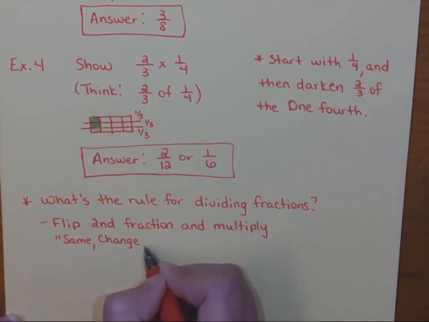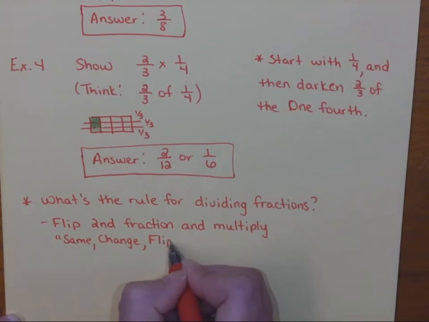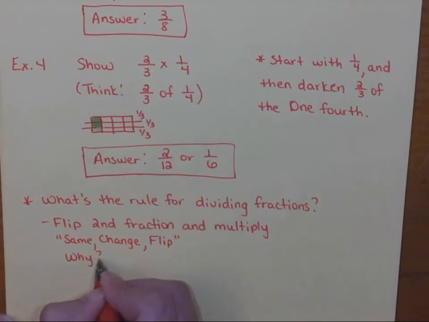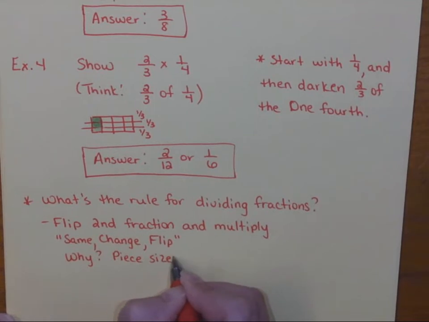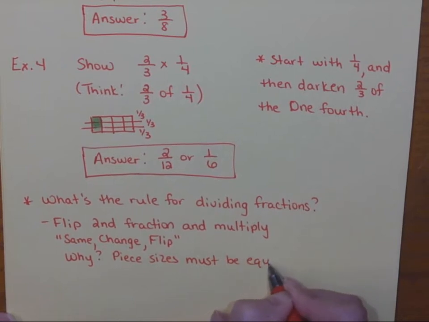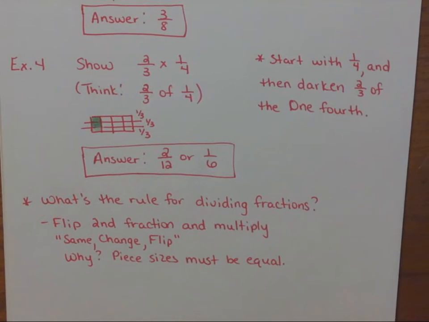They say same, change, flip. Okay, so the reason we have to do that is, again, the piece sizes must be equal. But I'm going to show you an alternative method to this same, change, flip rule. It's not that it's that difficult to do for our students if they remember it, but that's the key. They often don't remember it.